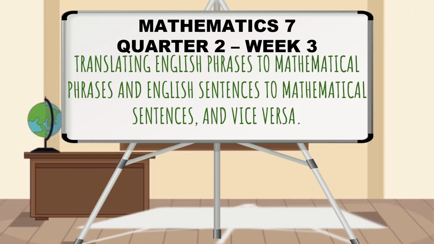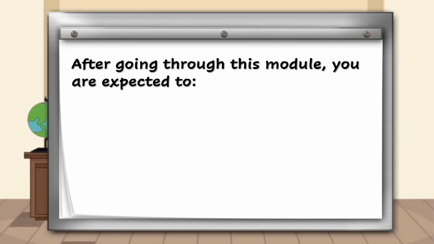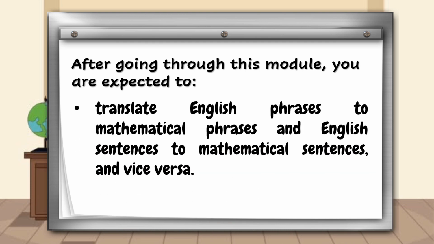Today, we will learn about translating English phrases to mathematical phrases and English sentences to mathematical sentences and vice versa. After going through this module, you are expected to translate English phrases to mathematical phrases and English sentences to mathematical sentences and vice versa.